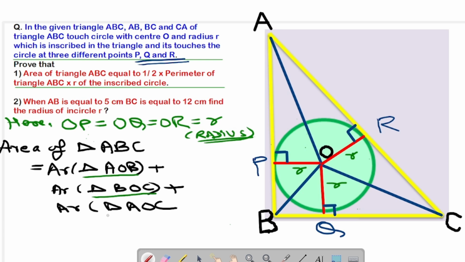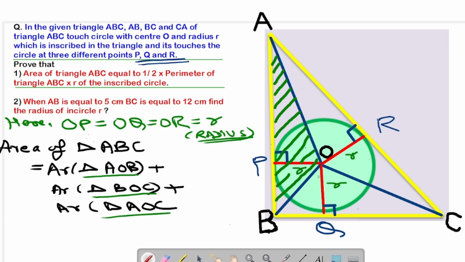Now what is the area of a triangle? The area of a triangle is half into base into height, and the height will be perpendicular to the base. So I am highlighting here the first triangle, triangle AOB. Similarly, you can consider the other triangles BOC and AOC, right? In triangle AOB, highlighted here in green, the area is half into base into height.